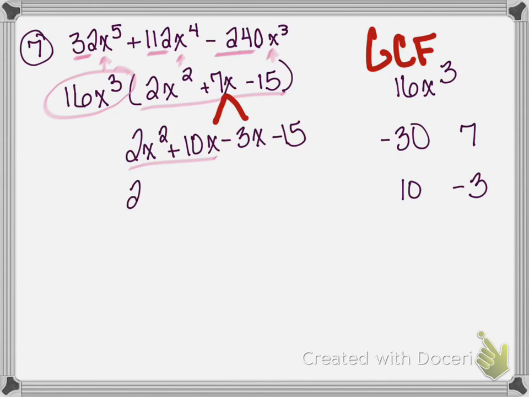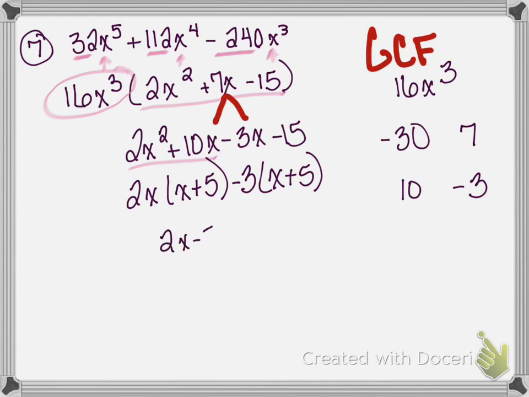I've got 2x that comes out of the first two terms, and I'm left with x plus 5. My second two terms, again, a negative 3 comes out. A negative 3 comes out of that. And I am left with x plus 5. Okay, so the answer for my trinomial is 2x minus 3 and x plus 5.